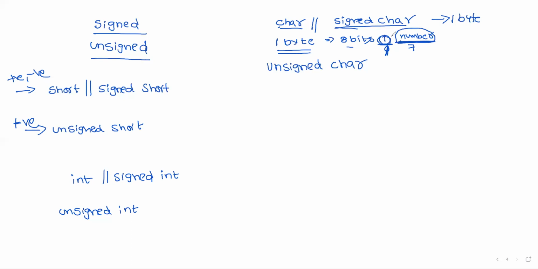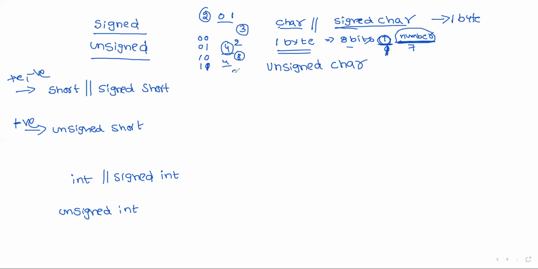Then what is the range? For example, if I give you 2 bits, 0 and 1, how many possible combinations do you have? 00, 01, 10, 11. That means you can get a maximum of 4 numbers. Suppose I give you 3 bits, you get 2 cube, 8 possible.